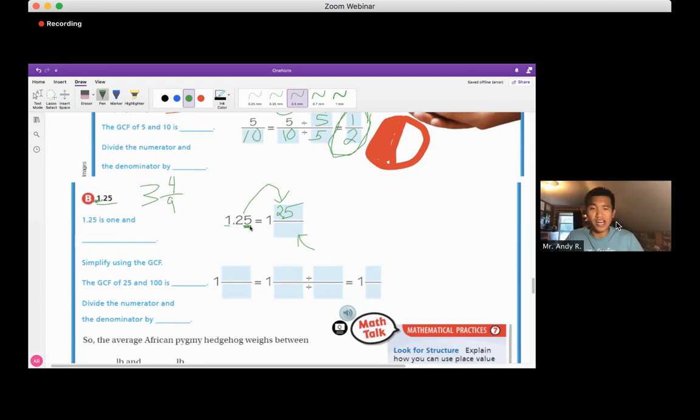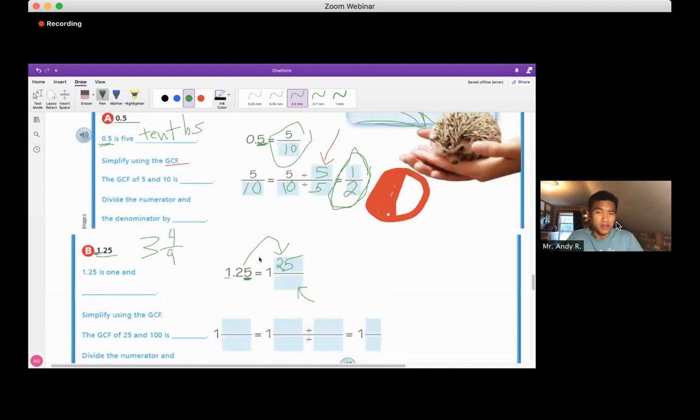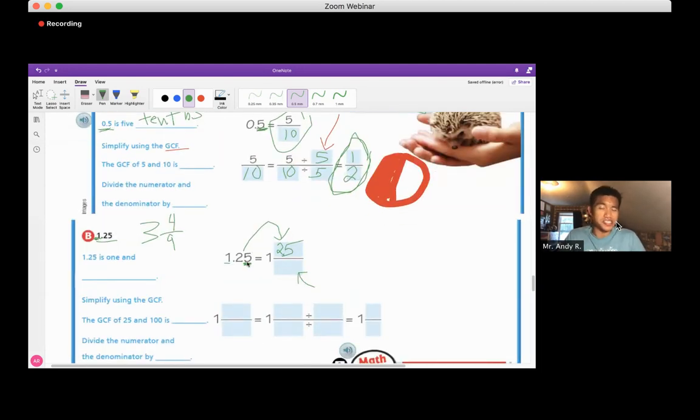What place value is it? Hundredths. Yeah, the 5 is in the hundredths place in 1.25. So the denominator is going to be 100. So it is 1 and 25 over 100. And very good.